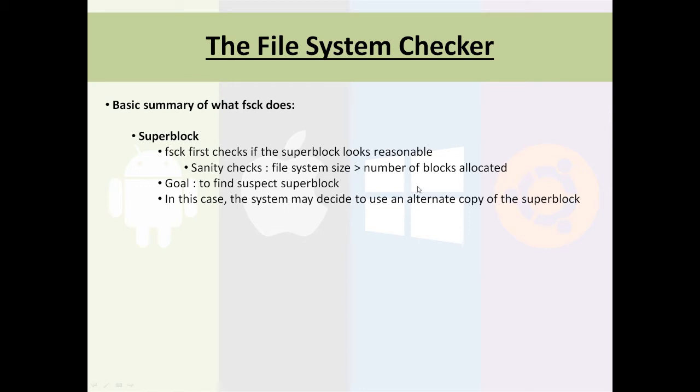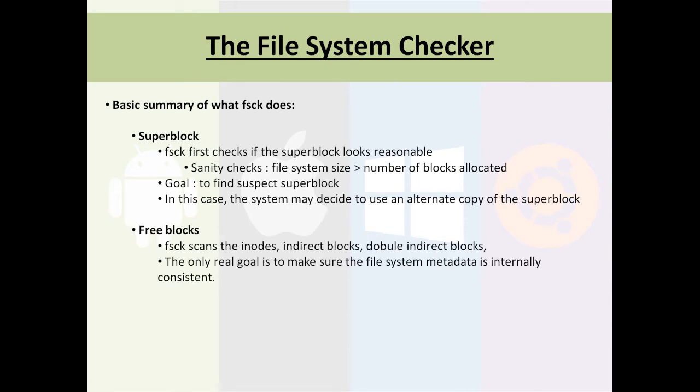The goal of these sanity checks is to find a suspect or corrupted superblock. In this case, the system may decide to use an alternate copy of the superblock. If you remember, if we're utilizing FFS, there are multiple superblocks across all groups, so you can use any one of those.